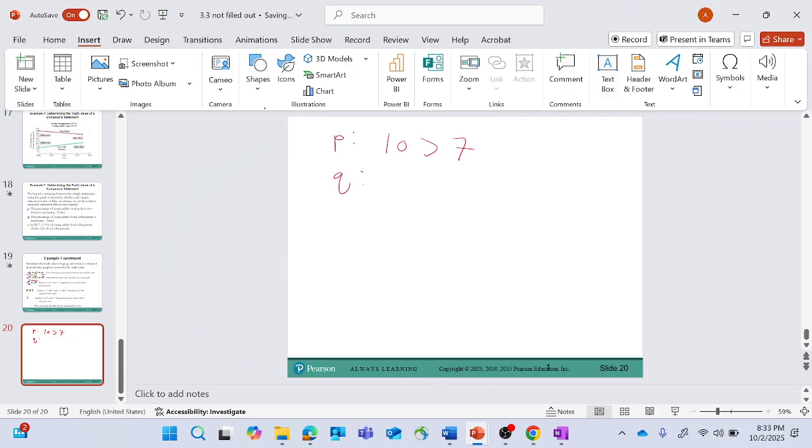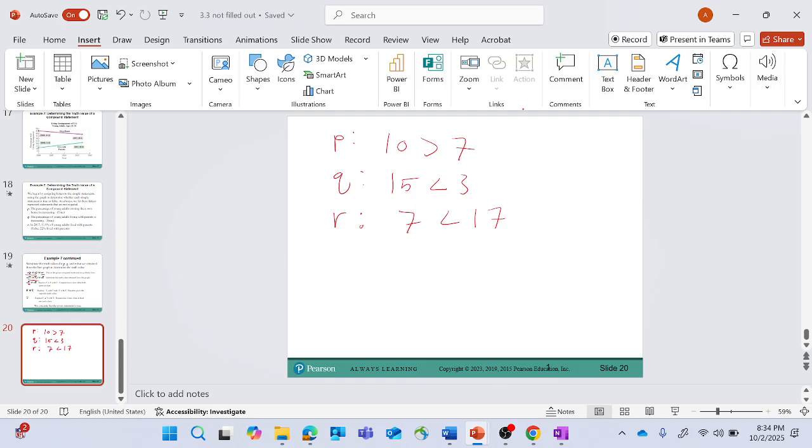Q is 15 is less than 3. And then R, the final statement, can be, I don't know, 7 is less than 17. Doesn't actually matter. Say we have these three statements, P, Q, and R.